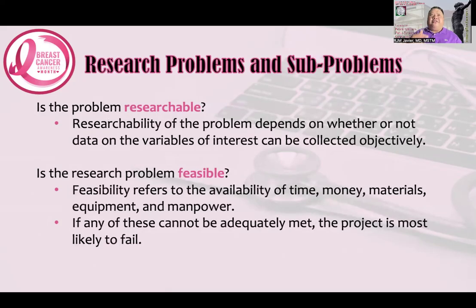So this is another facet of the research problem. It's not just an issue of whether or not you can objectively measure the variables. When I say measure, you can, let's say, use a data collection tool. Let's say a tool would have corresponding scores, and the scores would have corresponding interpretation. That's one way of objectively collecting data.